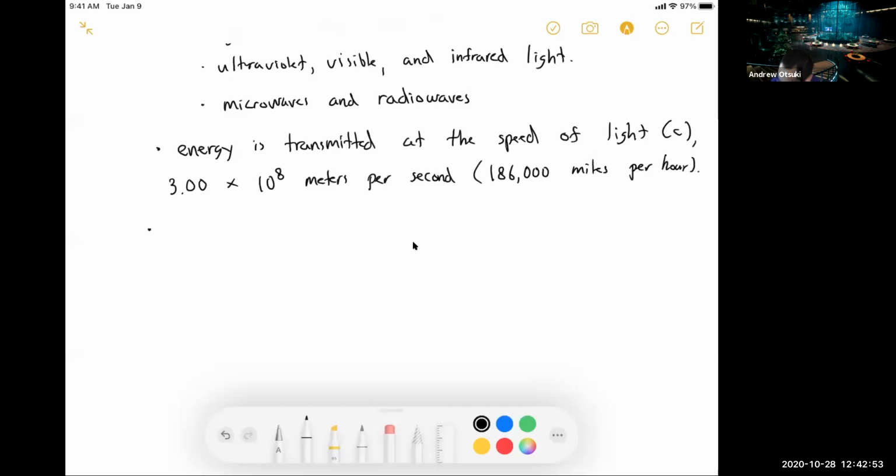So radiation also has wave-like properties that can be described by a wave equation.